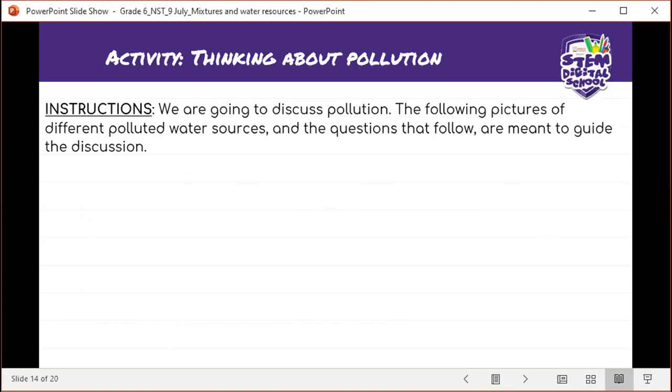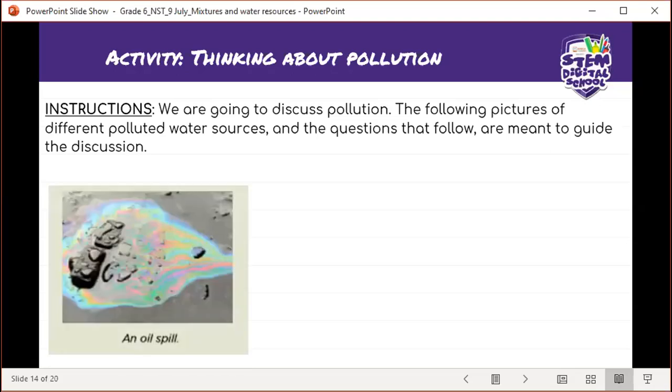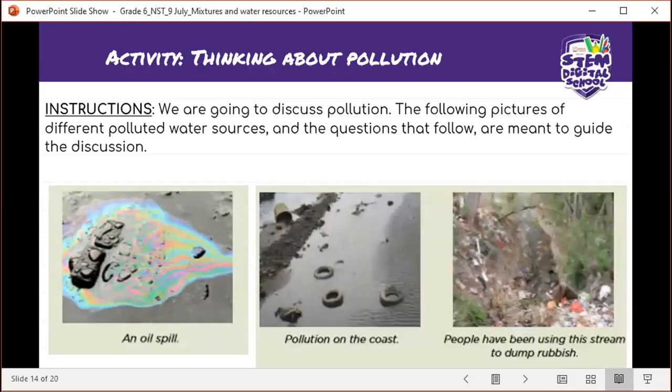All right, so here we have an oil spill. I don't know if it's clear to see. You guys can see that. We have an oil spill. And on the second picture, we have pollution on the coast. I believe that is a bin or something like that. Here we have tires, and everything that is not supposed to be in water is present.